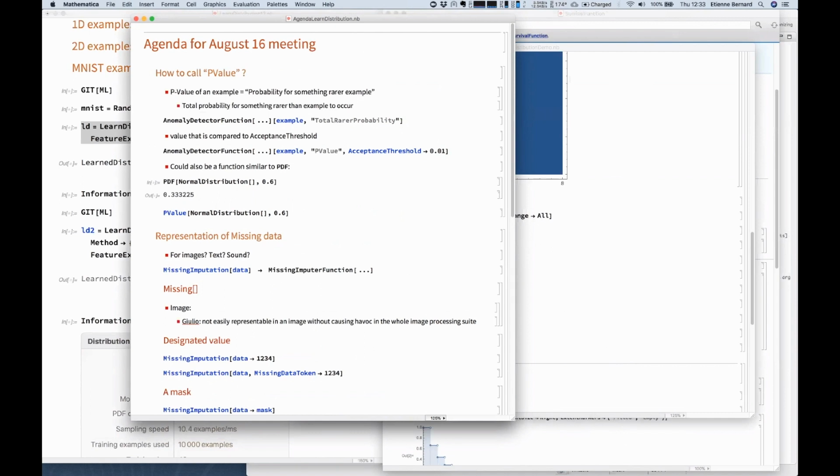I think total rarer probability is decent. Yeah. Why not? I would still skip the total, because in everyday speech you would say, what are the chances that I will live older than 90 years old? You don't say what are the total chances, or the total probabilities that I live. I know, but that's again a one-dimensional case.